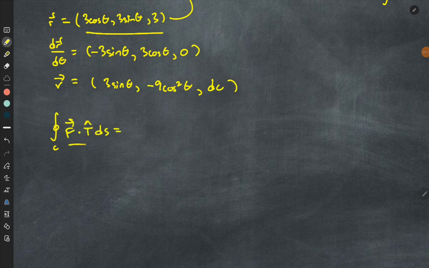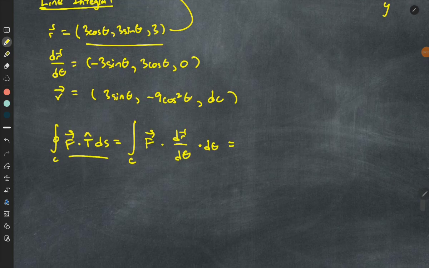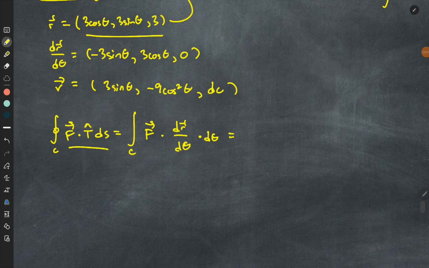Okay, so this is usually how a line integral looks. We can let this equal F dot the derivative multiplied by d theta, and we're going to integrate along the curve. So the vector F and these two dotted makes negative 9 sine squared theta.